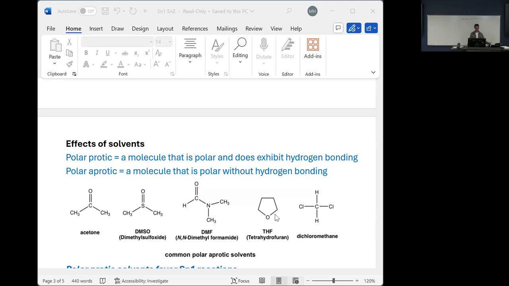So again, polar aprotic: all of these molecules are polar, but they're not really exhibiting hydrogen bonding. Versus protic, I might have just misspoke, but polar protic is something that is polar, just like polar aprotic, but polar protic is in fact something that does exhibit hydrogen bonding.